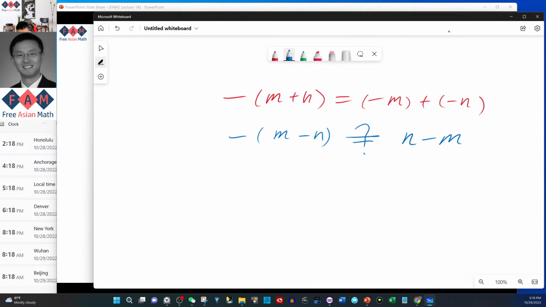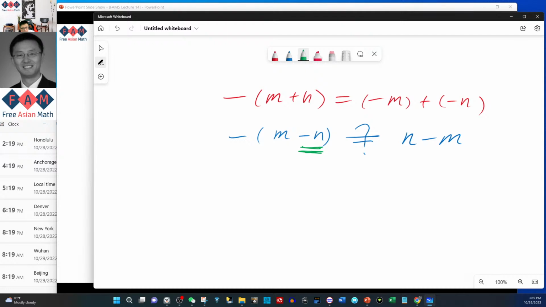If you look at it, we apply negation on m and apply negation on negative n, right? Because this looks negative, but remember this is not a negative n. This is subtracting n.